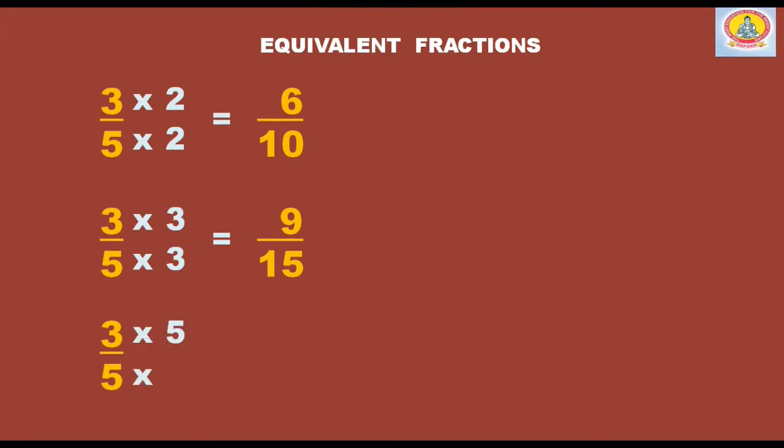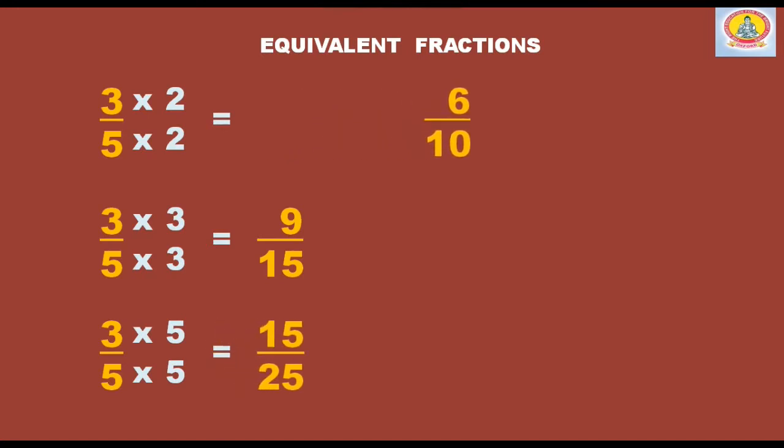Again 3 by 5 is multiplied by another new number, that is 5. Both numerator and denominator are multiplied with 5. The newly produced fraction is 15 by 25.